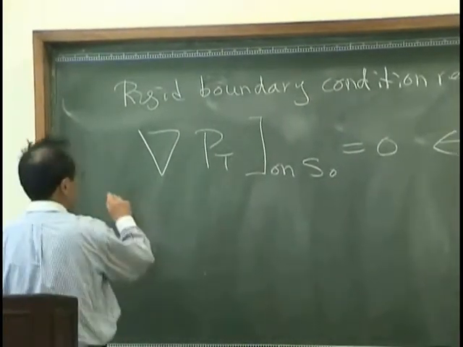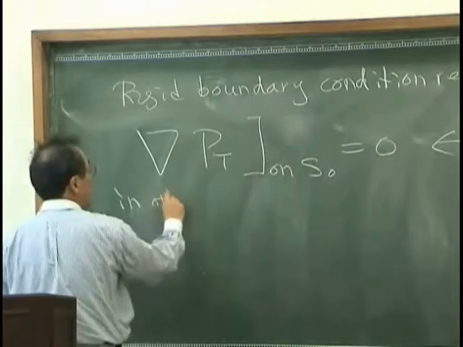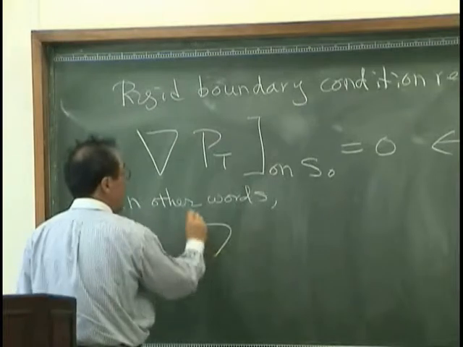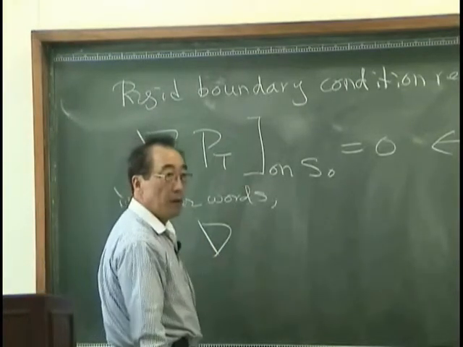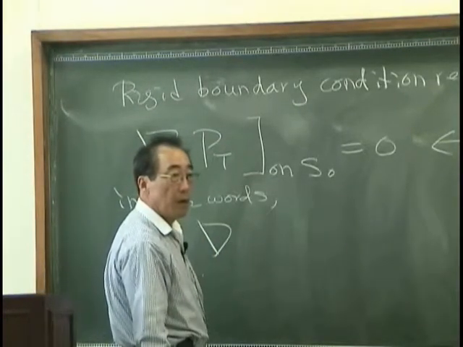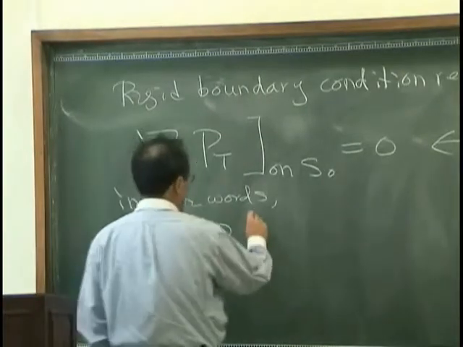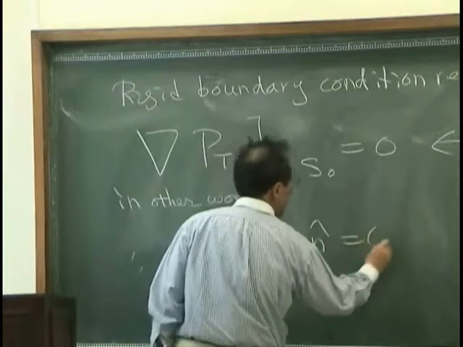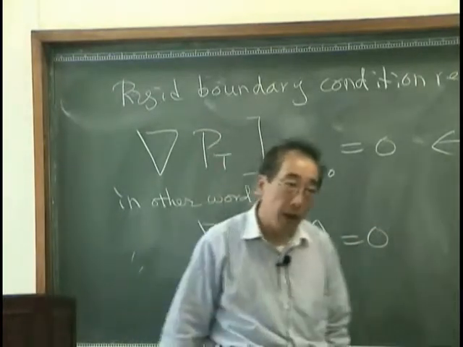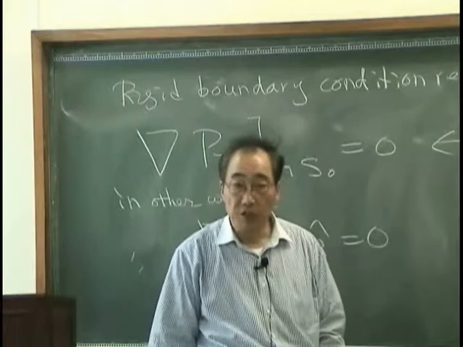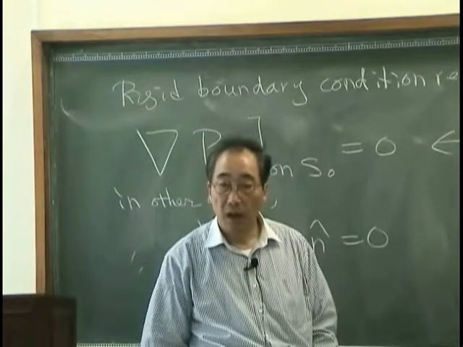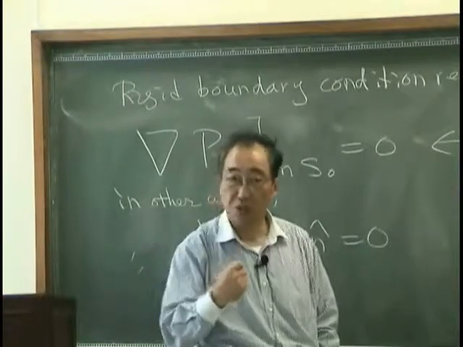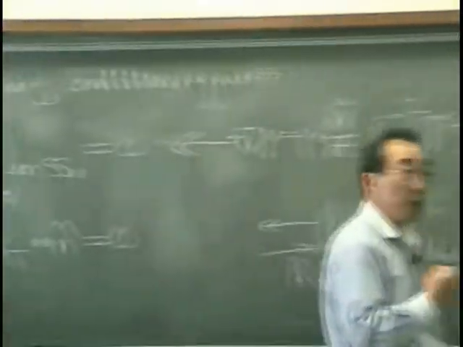That means del PT dot N is 0. Why? Because the fluid is inviscid. Fluid particle velocity normal to the surface has to be 0. That is the rigid boundary condition.